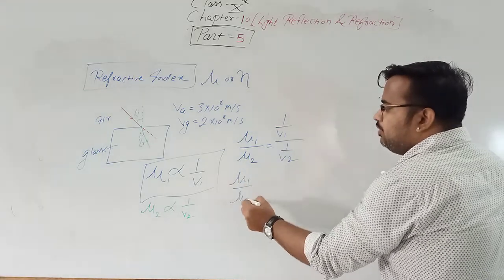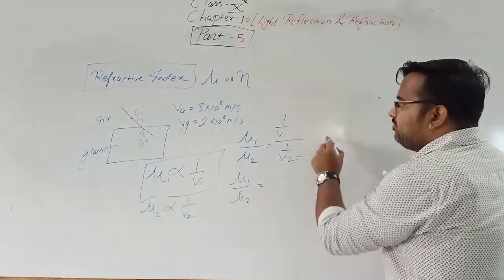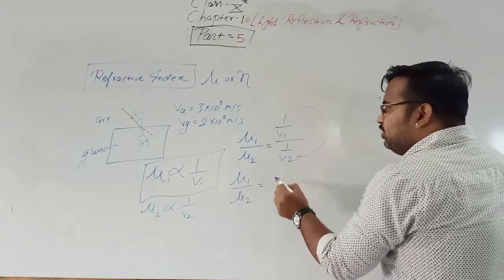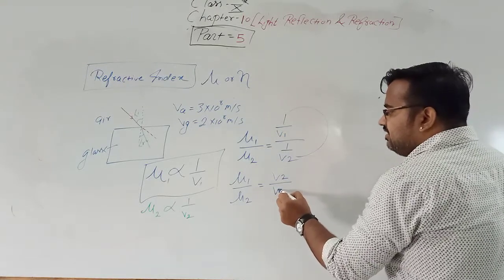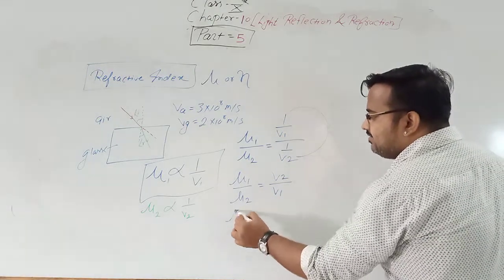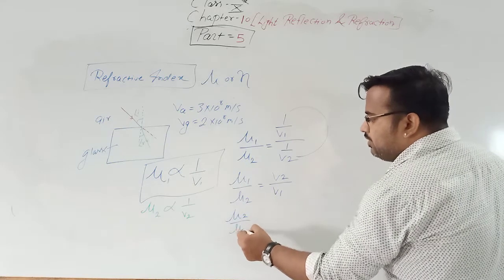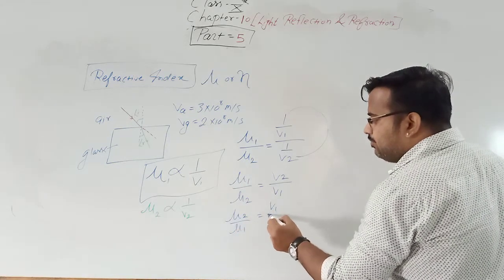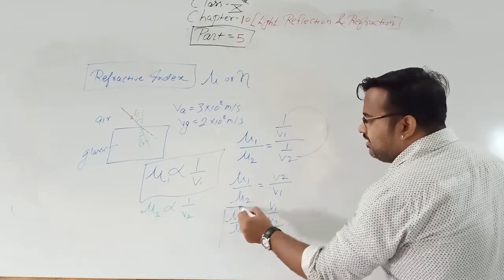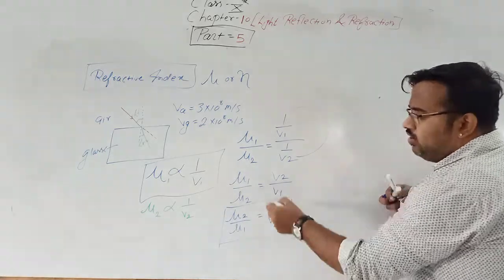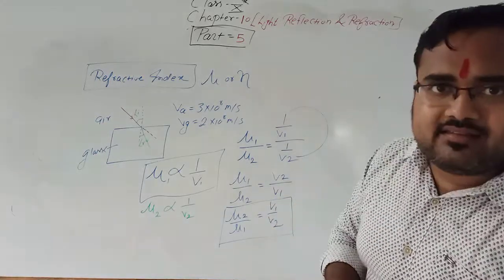So mu1 upon mu2 is equal to V2 upon V1, or I can write it as mu2 upon mu1 is equal to V1 upon V2.